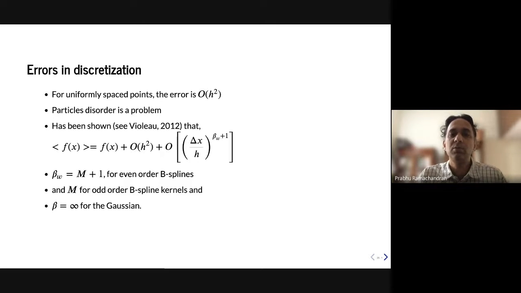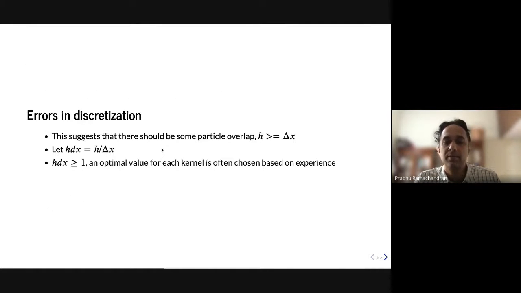So it's been shown, this is not so easy to show in a single slide, but it's been shown, and there are plenty of references that will get you this, that if you really want accuracy, there's an additional error term here of the form delta x by h, where delta x is a measure of the interparticle distance. And what this suggests is that there should be some sort of particle overlap.